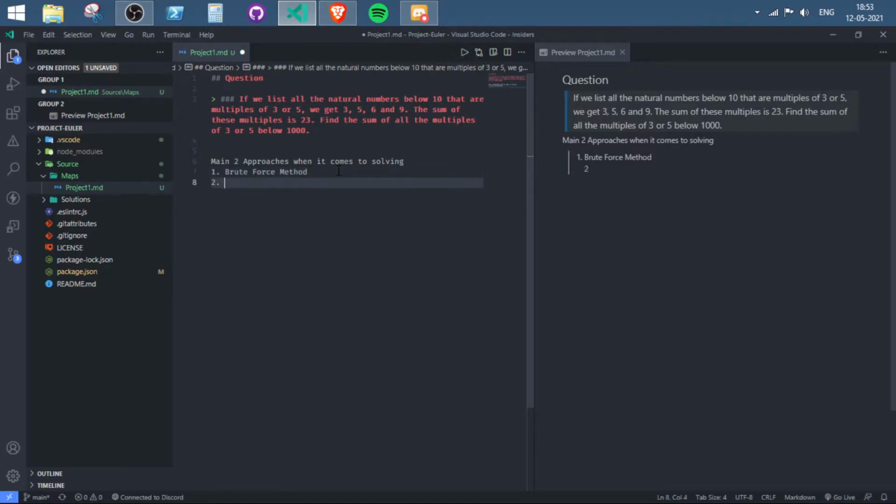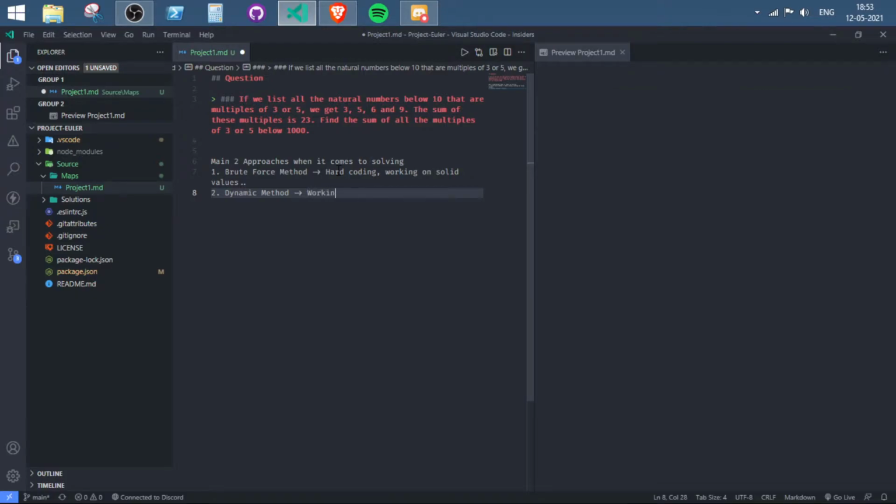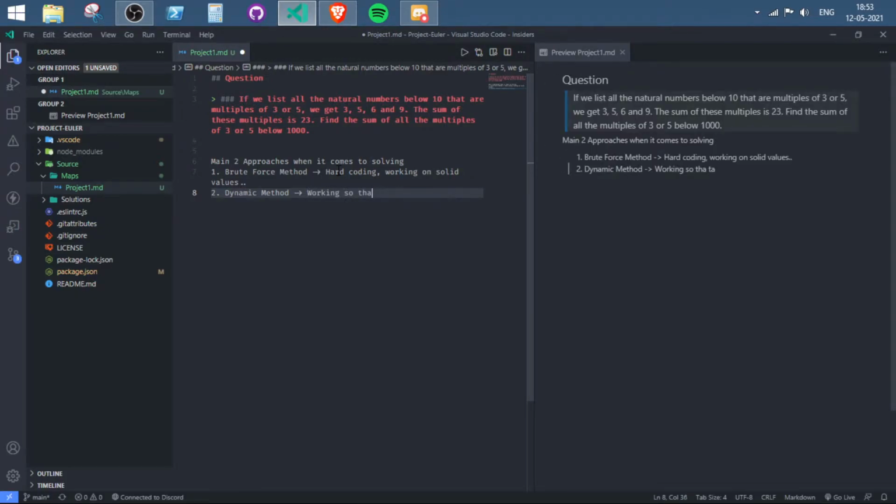And secondly there is the dynamic method, I don't know exactly what it is named, which is working so that more instances are solved.